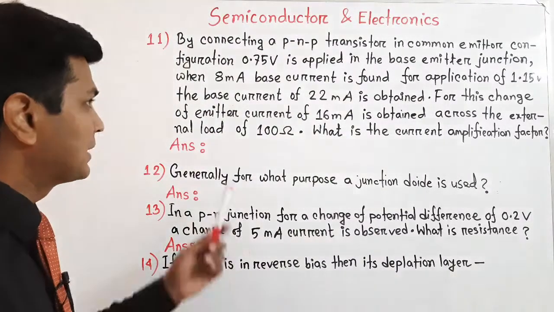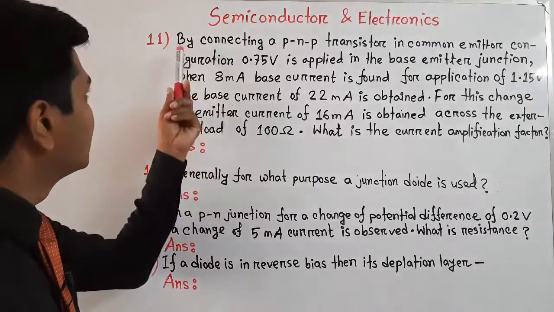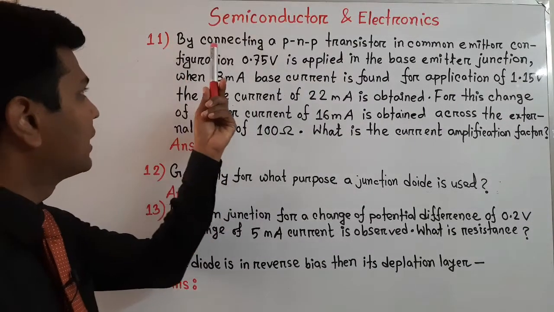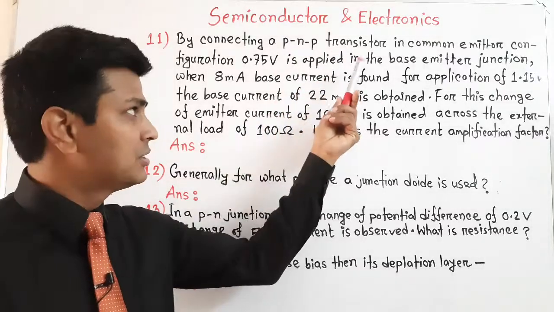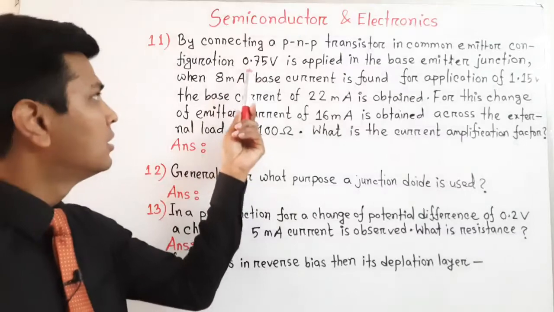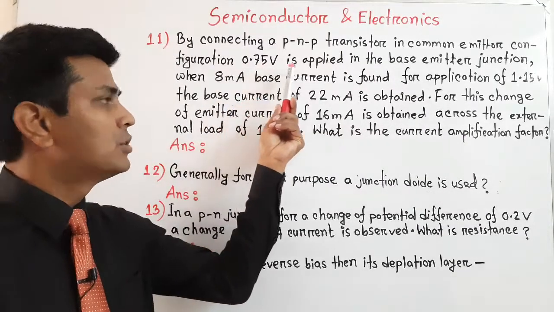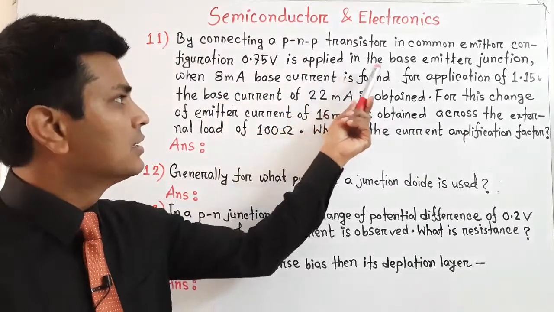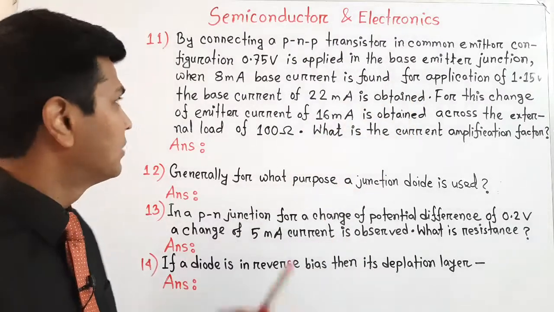My dear student, let's solve question number 11. And this is a mathematical question. Here you can see, by connecting a PNP transistor in common emitter configuration, 0.75 volt is applied in the base emitter junction.